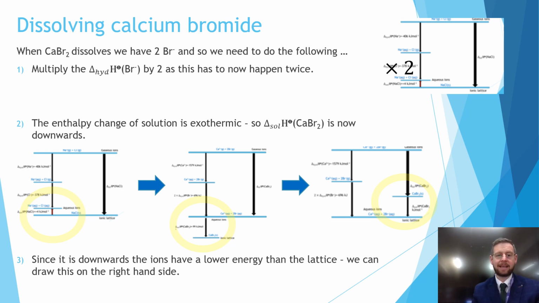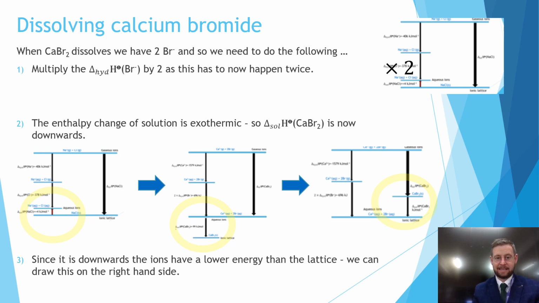So something like calcium bromide. Being in group 2, calcium is going to bond with 2 bromide ions. And that means that we're going to have twice the amount of energy coming from that hydration of the bromide, because there's two ions that need to be hydrated. So we have to count that energy twice, and you can see that is the place on the diagram where we're going to have to count it twice.